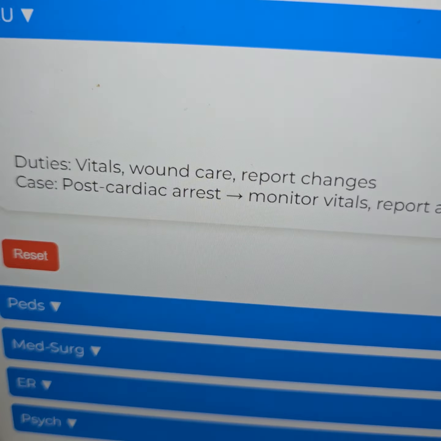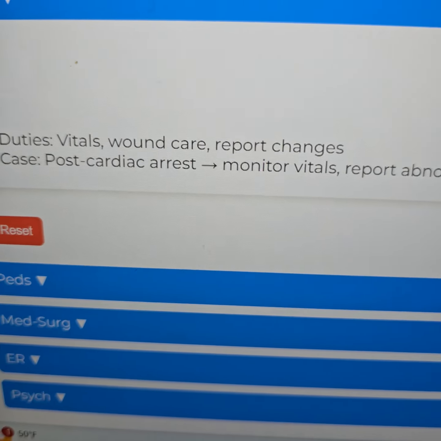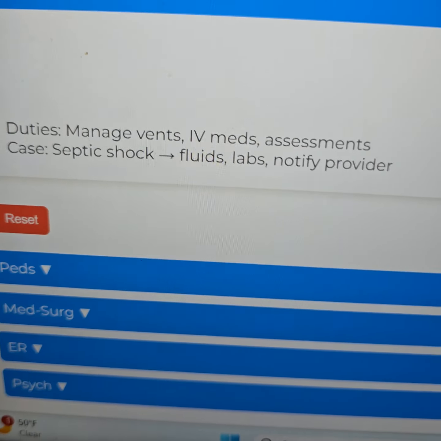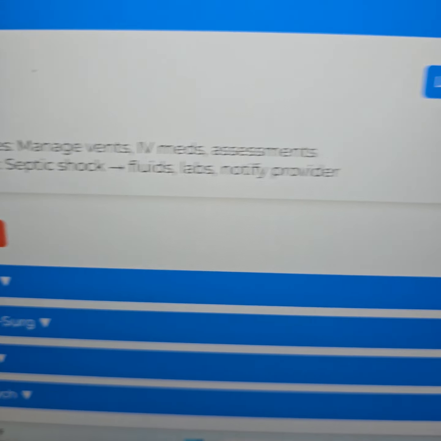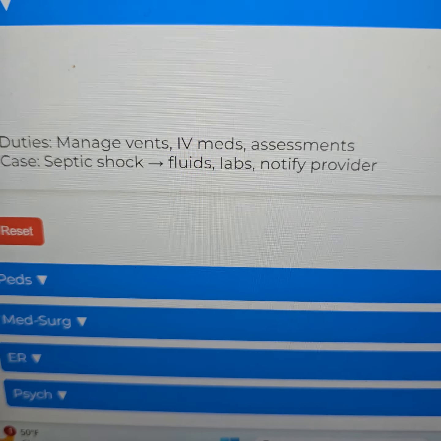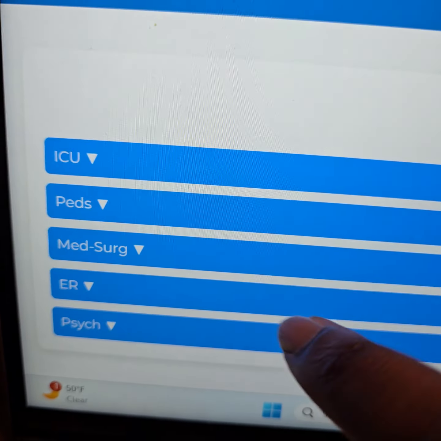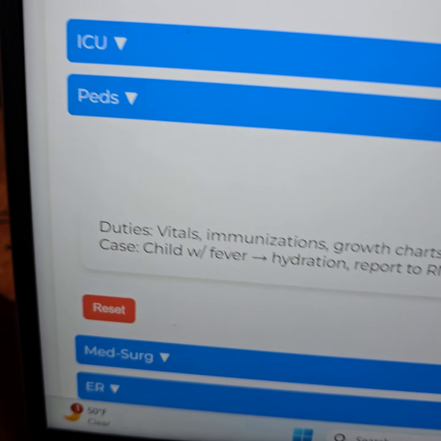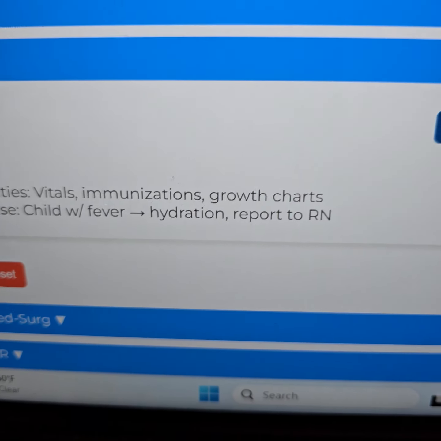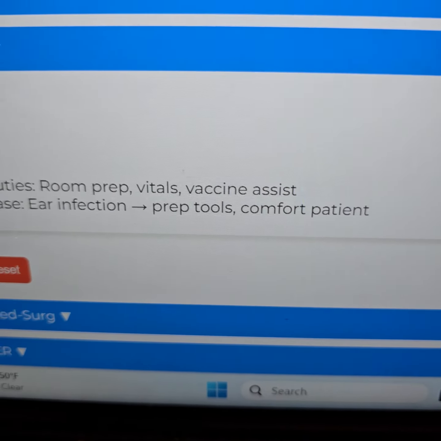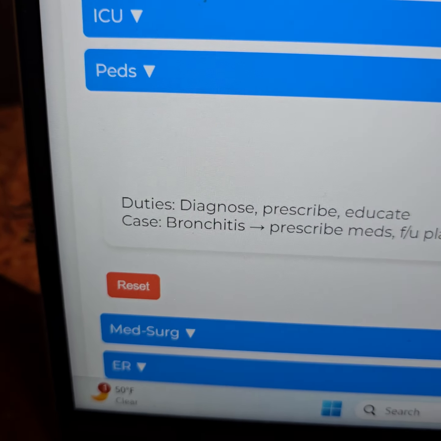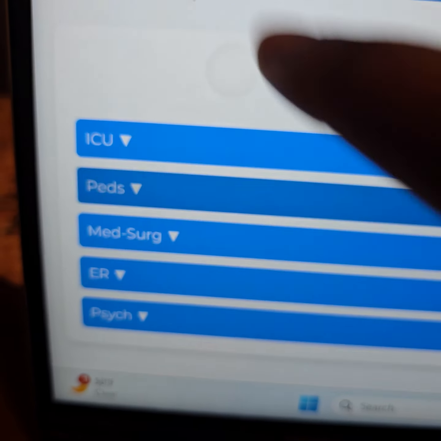Let's pick LPN, and it's going to give you the duties of an LPN in an ICU unit, the duties of an RN in an ICU unit, and so forth. Pediatrics is the same thing. It's going to give you what your duties are. As you go along, you see that the duty changes by the title.